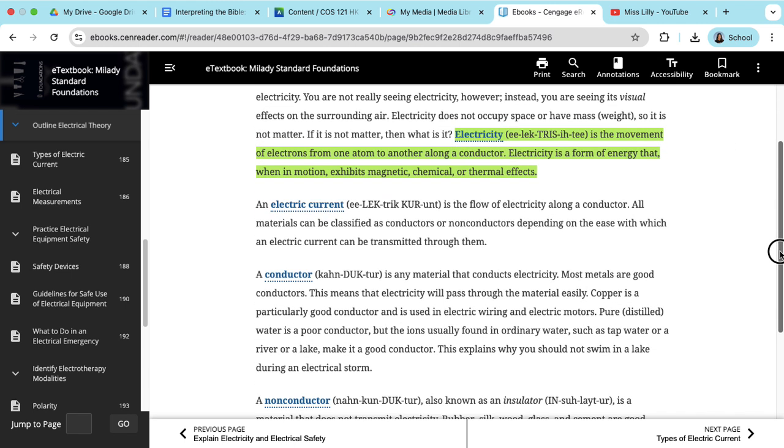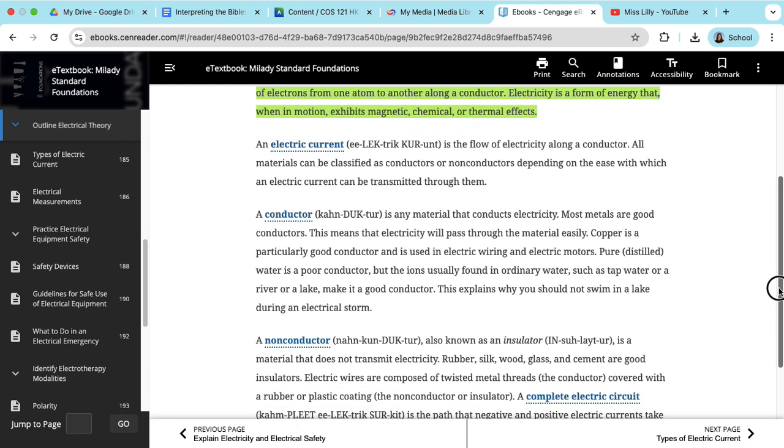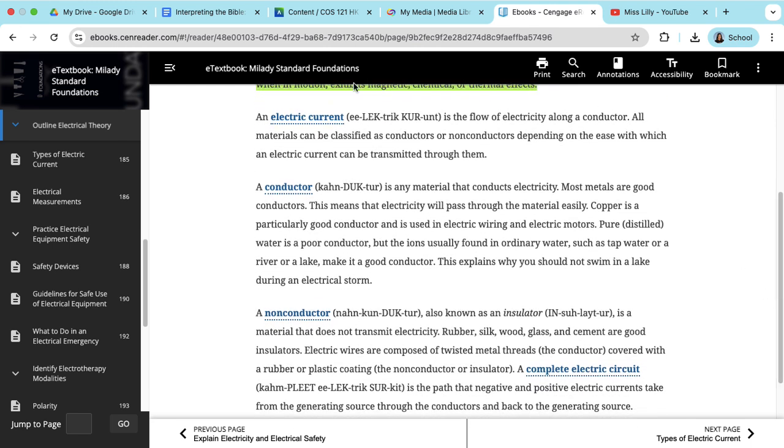Electric current is the flow of electricity along a conductor. All materials can be classified as conductors or non-conductors. A conductor is any material that conducts electricity. Most metals are good conductors. Copper is a good conductor.